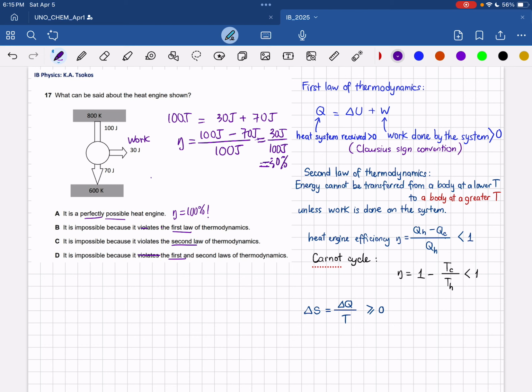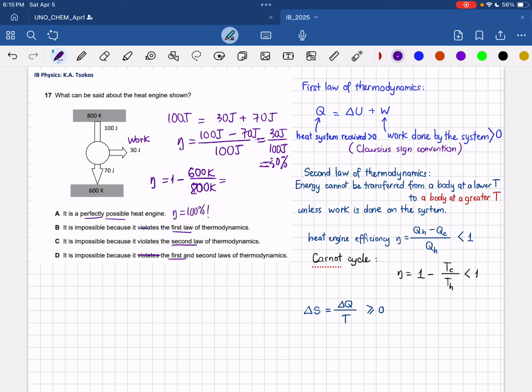But if we apply the Carnot cycle here, we can see that 1 minus the temperature of the cold reservoir, 600 Kelvin, over the initial hot temperature, 800 Kelvin. Oh, sorry, something is wrong with my pencil here. Okay.